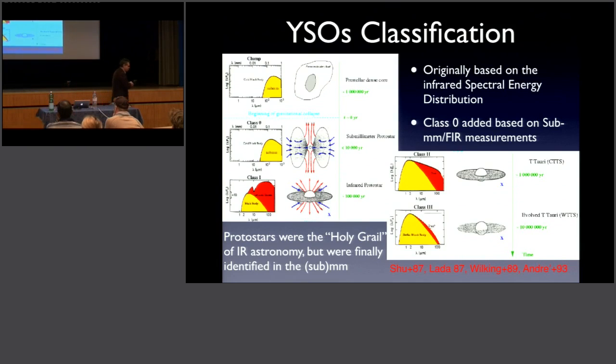So this is the scheme that I presented yesterday of the evolution of a low mass star. The formation, the parent molecular cloud and molecular core at the top. This is a prestellar core, the phase before the formation of a protostar, observable only in the millimeter, a cold lump of gas and dust.